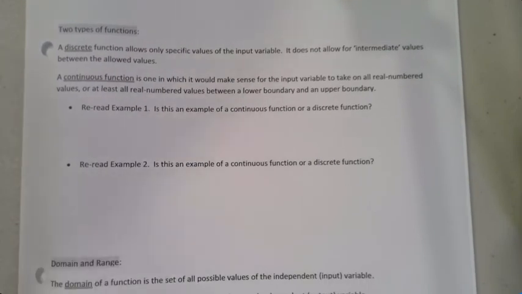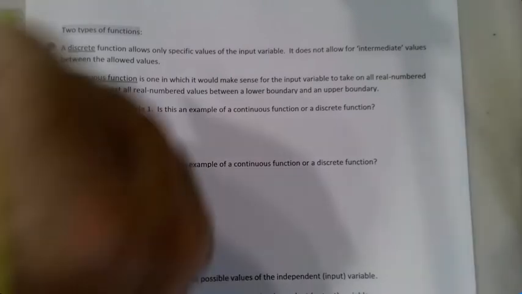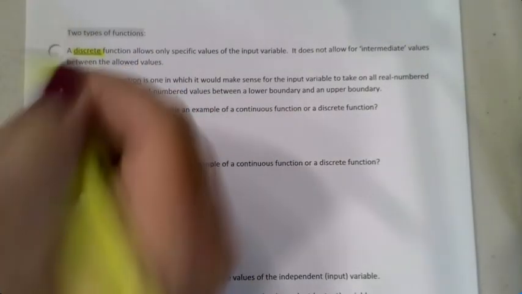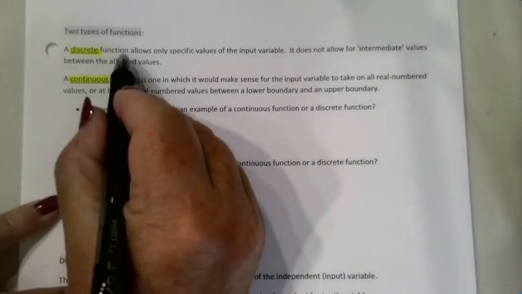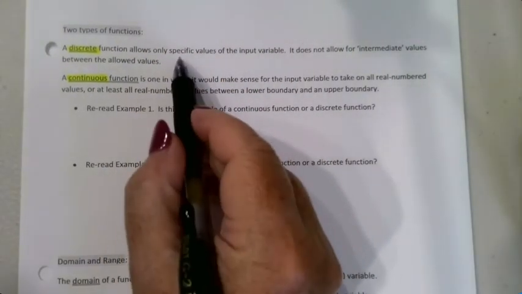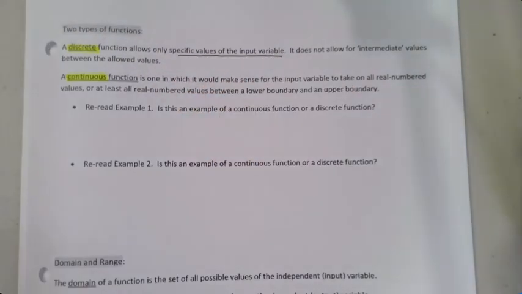There are 2 types of functions that I'd like us to get to know and recognize: discrete and continuous functions. Here's how you tell them apart. In a discrete function, only specific values of the input variable can be used.